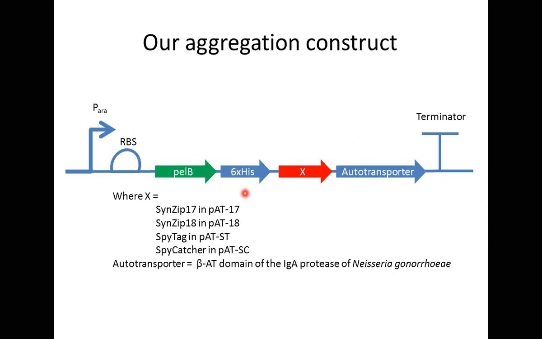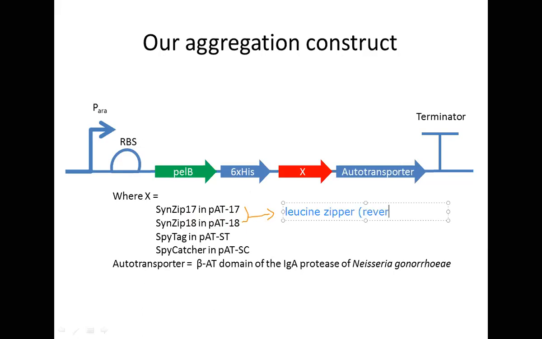And by choosing the proper antibody, we can actually say, all right, how much of our protein of interest is actually present on the surface of these cells. You have X being your protein of interest. That's either one of these two leucine zippers. So let me go ahead and write that in. This is a leucine zipper.